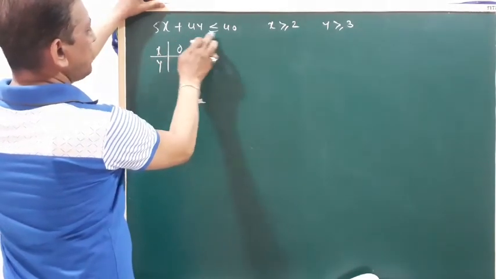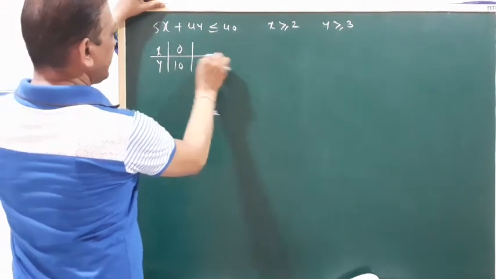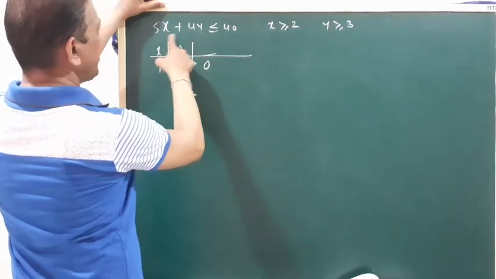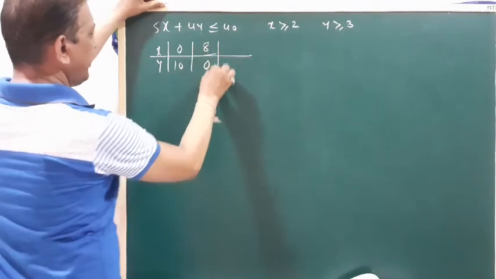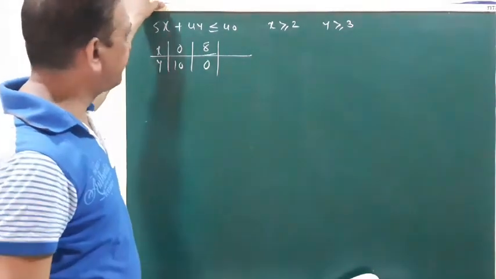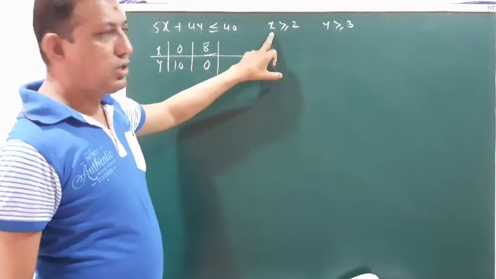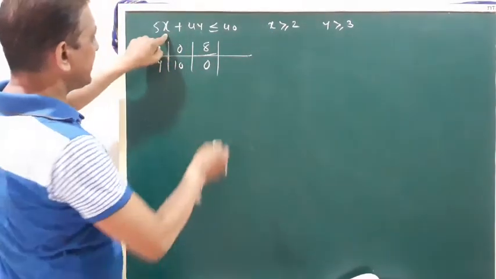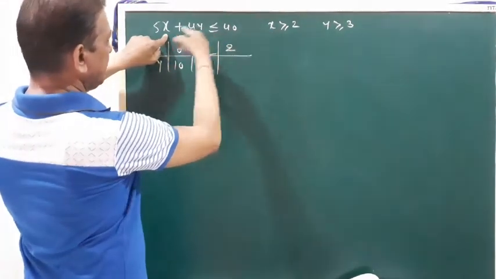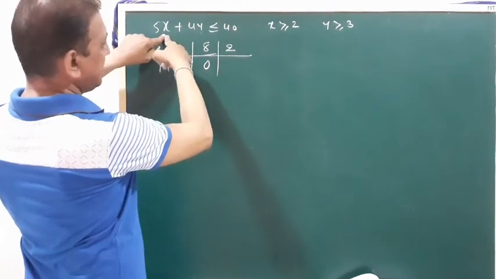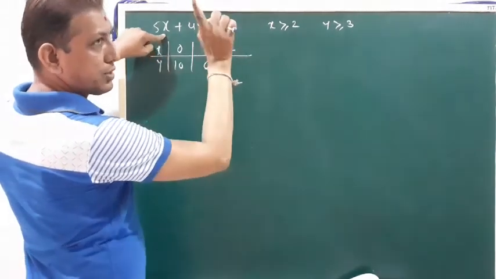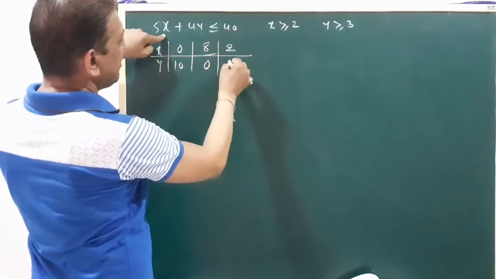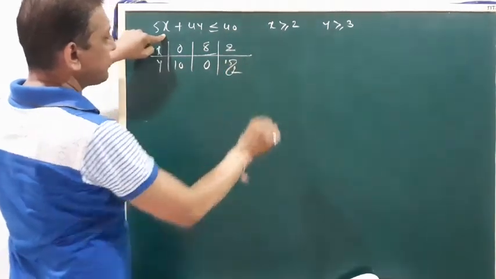X equal to 0, 4y equal to 40, y equal to 10. And y equal to 0, 5x equal to 40, x equal to 8. Now, remember, here only one variable. Put x equal to 2 directly. 5 twos are 10. 40 minus 10, 30. 30 divided by 4, so 15 by 2.